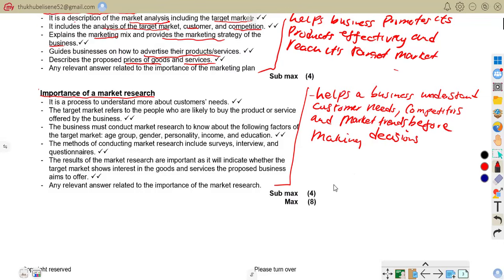So that is market research. It helps a business understand the customers' needs, the competitors, and the market trends before it can make a decision.